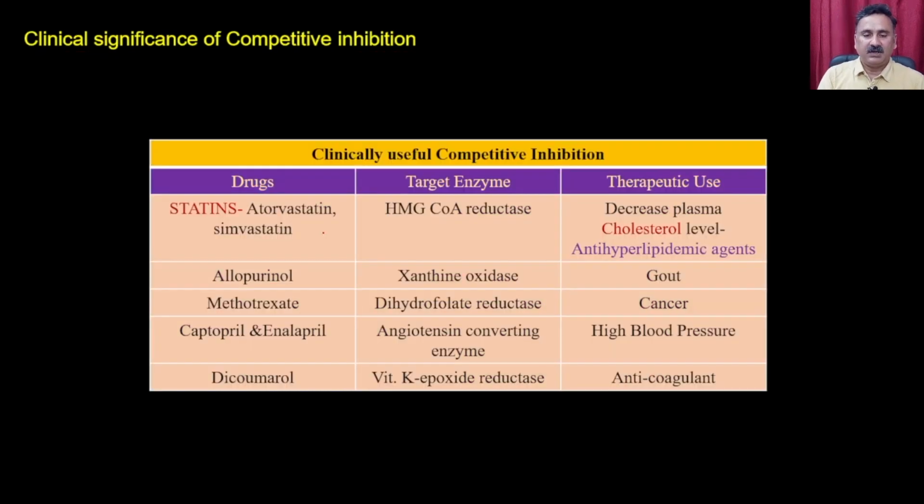These are some additional inhibitors people have also used. The most popular are the statins, methotrexate, and dicoprolol, and all of these are being used in different types of diseases. So this is all about competitive inhibition.